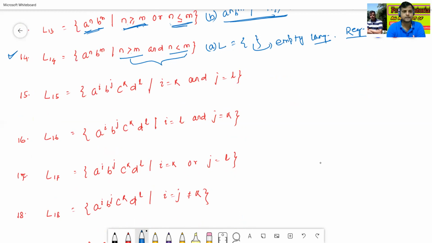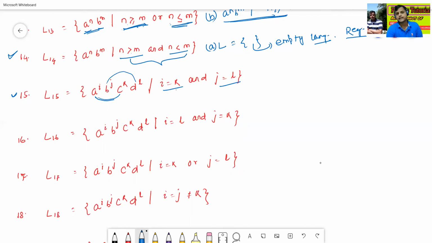So next question, 15th. L15 equals a to the power i, b to the power j, c to the power k, d to the power l. Here i equals k, j equals l.